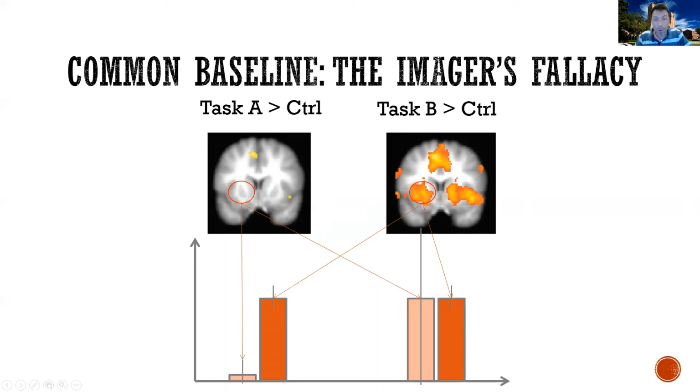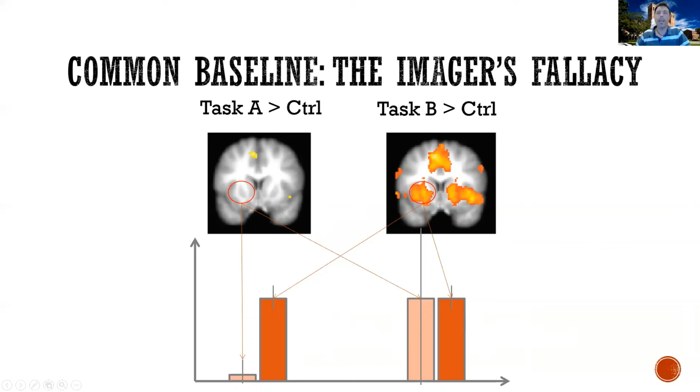Task A maybe also has on average a big response. It just varies a lot across individuals. And so when you do a t-test, for example, it says that it's non-significant. But of course, if you look at the average activation between task A and task B in this scenario, you would not want to say that this area was more active in task B than in task A.